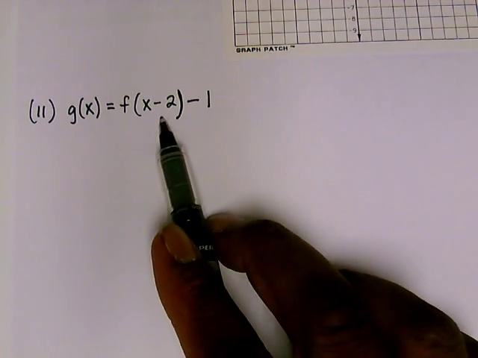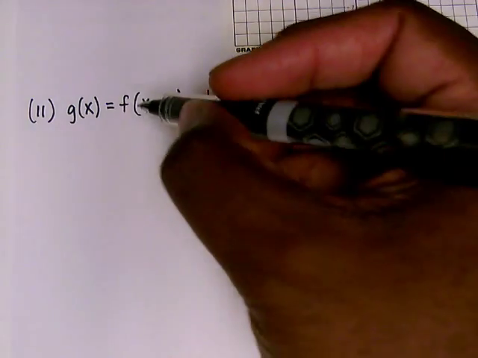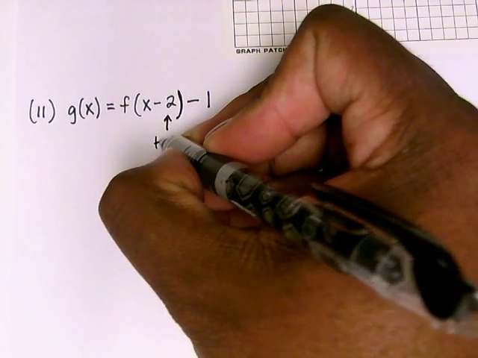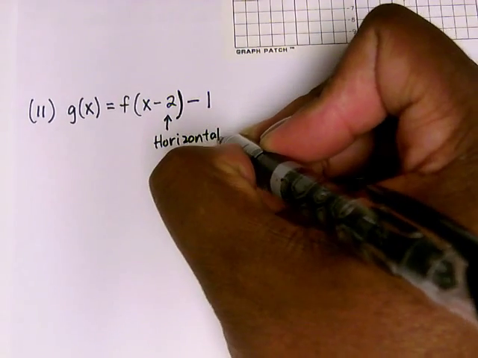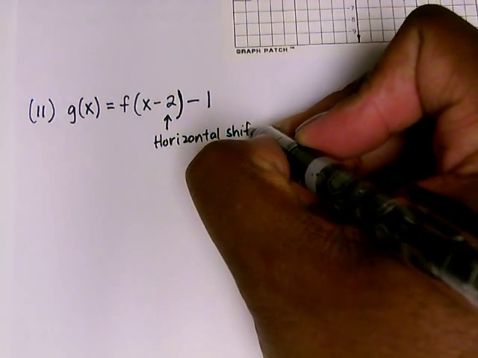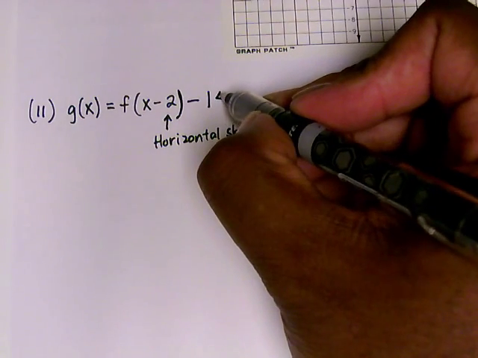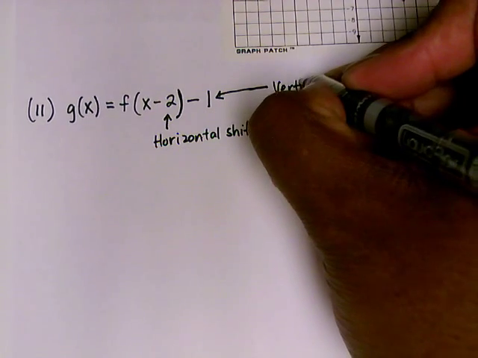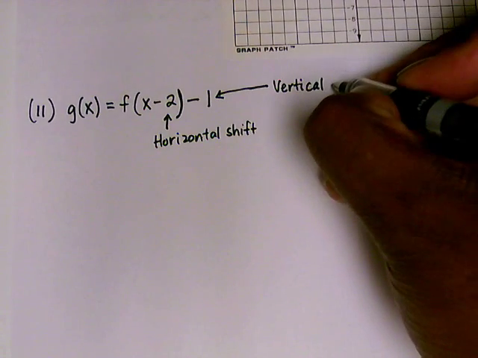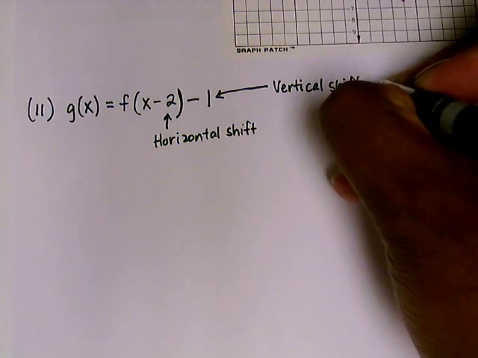Now notice we have a minus 2 next to the x. So that tells me I have a horizontal shift. And then I got this minus 1 here as well. That's on the outside. So the other transformation is a vertical shift.